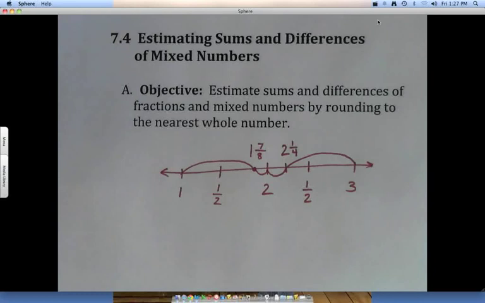Once you have your estimate, then you can continue with the problem as far as addition or subtraction.